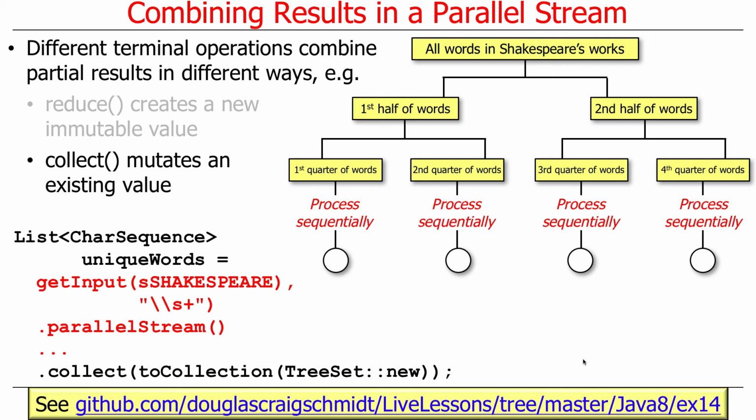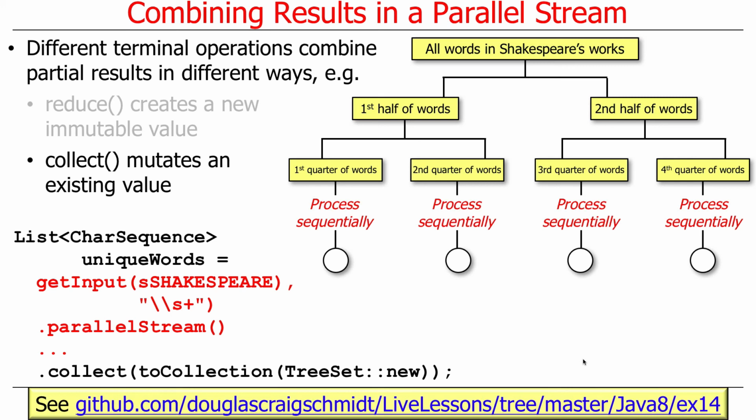So this is going to get all the words of Shakespeare, and then in parallel, it's going to collect it and store it in a new tree set. So tree set, as you might recall, is a binary tree that uses a red-black implementation, so it's a balanced binary tree, and it has no duplicate values. So every value in the tree set is unique. So it's going to end up with a unique set of words in Shakespeare. And if you run the program, you'll see what it does.